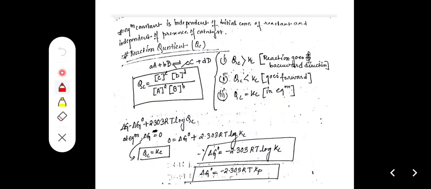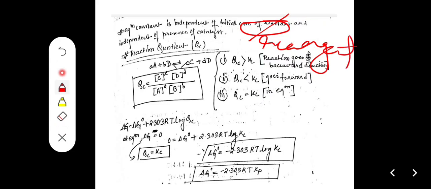Now, the equilibrium constant is independent of the initial concentration of reactant and independent of the presence of catalyst. That means it does not depend on reagent concentration.